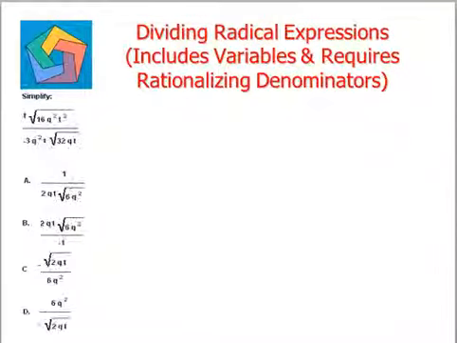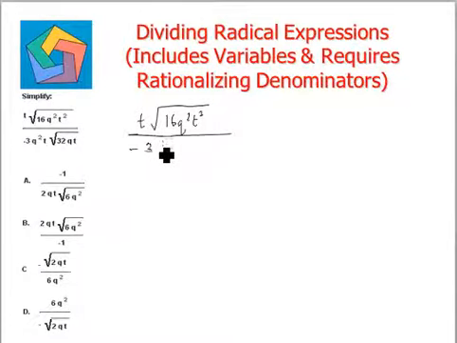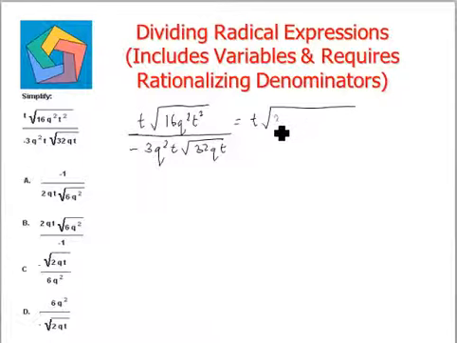Let's try the next question. It says simplify, and we're given t square root of 16 q squared t squared divided by negative 3q squared t square root of 32 qt. This is equals to t inside the radical 16 can be factored as 2 times 2 times 2 times 2.